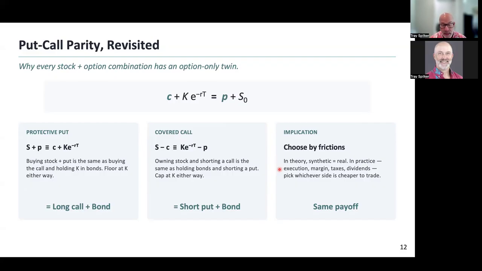So it can be the case that you can find a cheaper side to trade. As opposed to just say buying a long put position, we can put on one of those synthetic positions instead because there might be frictions causing it to be cheaper, right? It's a microstructure question as opposed to a payoff question.